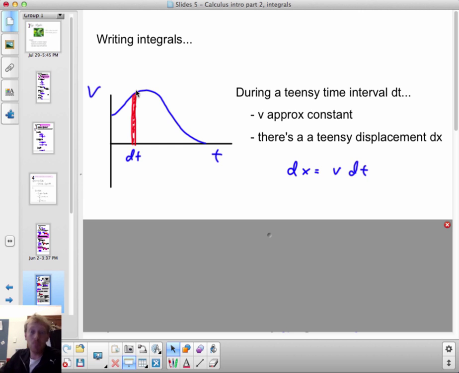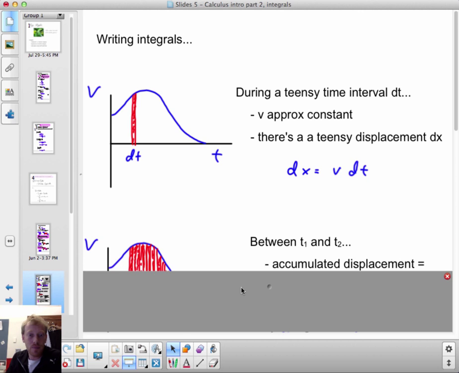It's an approximation, but it's a fair approximation as you take the limit as delta t goes to 0. During this teensy time interval, there's a teensy displacement, dx, and the value of it is dt, the base of the rectangle, times v, the instantaneous value of this velocity.